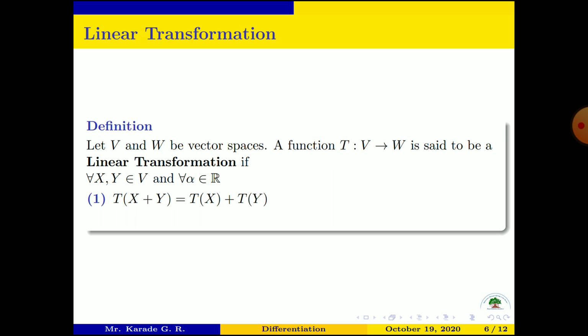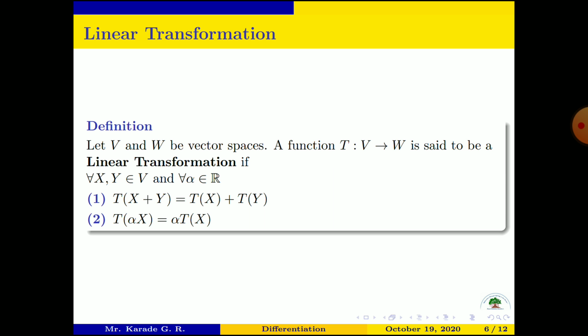It means when we operate the operator T on the addition of two vectors x and y, then we get the addition of T of x and T of y. That is the meaning of this first condition. The second condition is T of alpha x is equal to alpha times T of x.